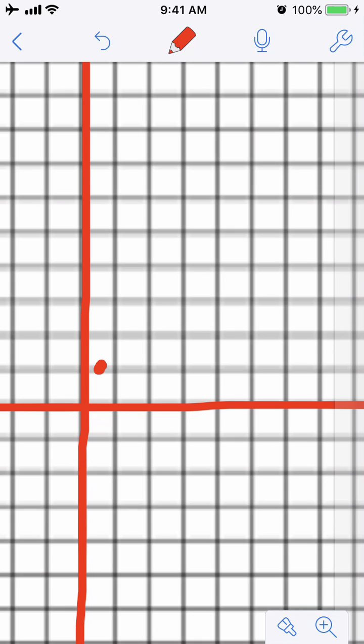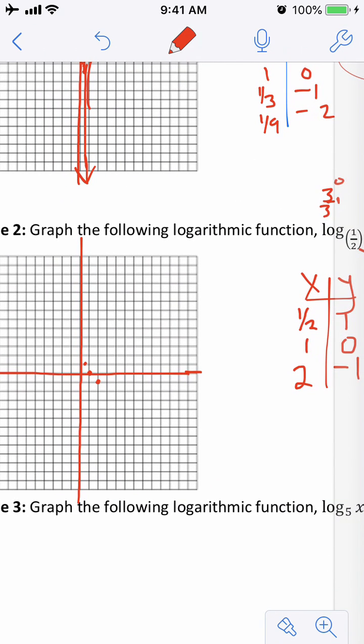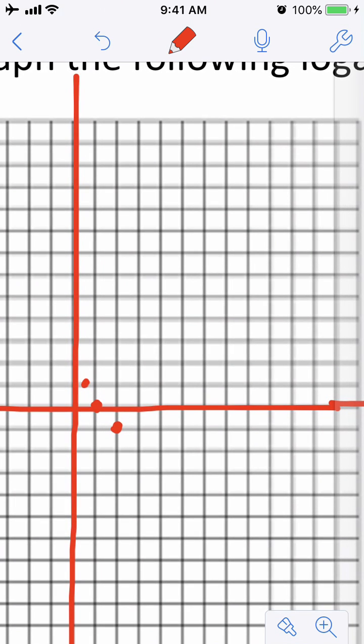Out 1, up nothing. Out 2, down 1, right? Because that's what I got. Out 2, down 1. And we can see that this is, in fact, a logarithm.